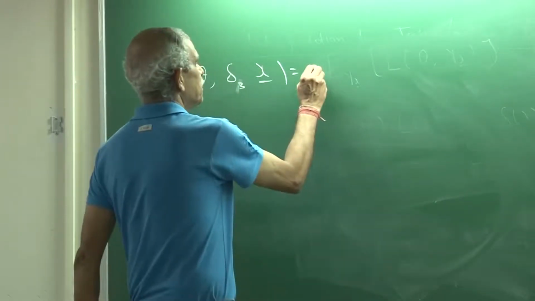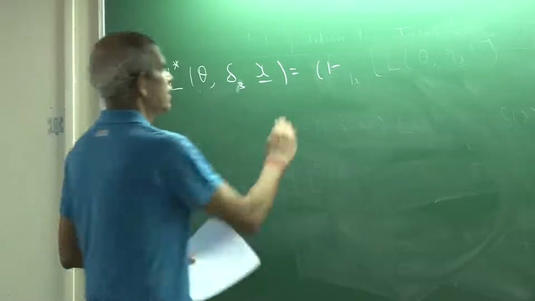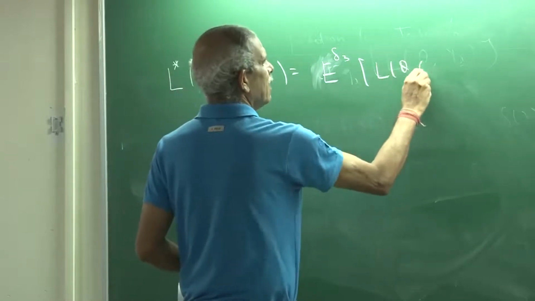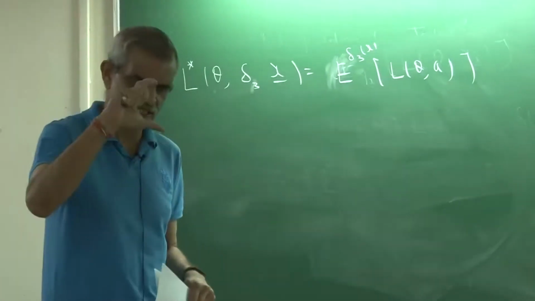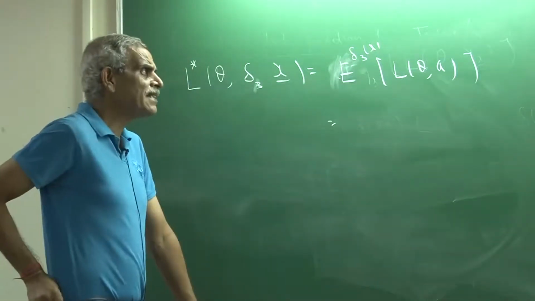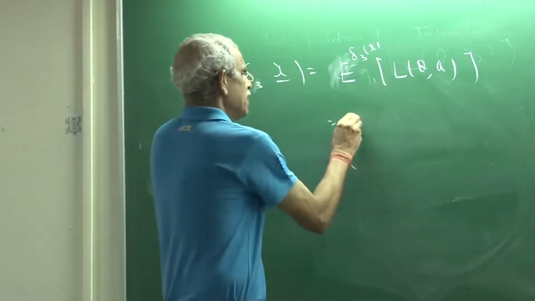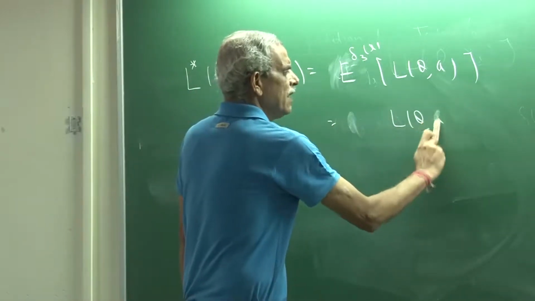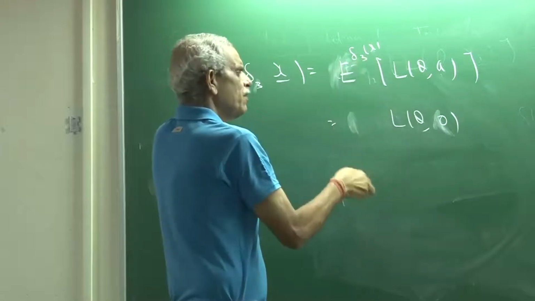It is the average of L theta a with respect to the probability distribution of delta 3x. Delta 3x can be treated as a probability distribution. It has two components, delta 3x and 1 minus delta 3x. Delta 3x is the probability of taking action a1, and L theta a0, where a0 is 0, it takes with probability 1 minus delta 3x.